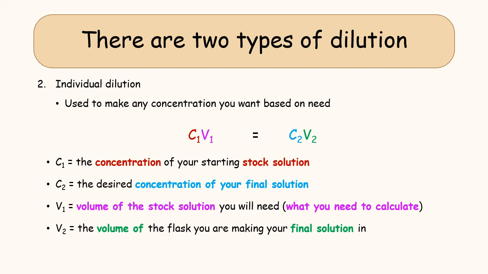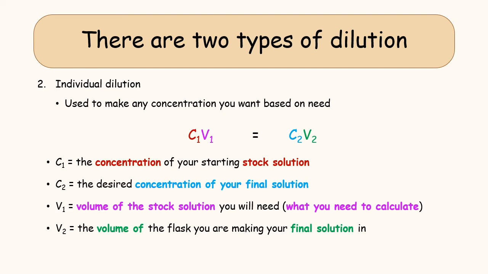Now, always in this, what we're working out is V1. So C1 is the concentration of your stock solution, your standard solution. C2 is the concentration you want your diluted solution to be. Remember, because you're doing a dilution, C2 always has to be lower than C1.